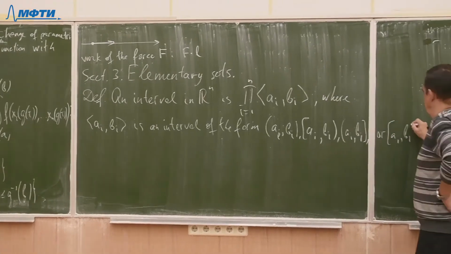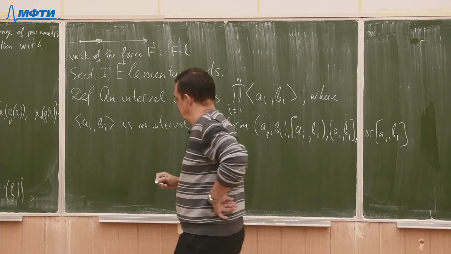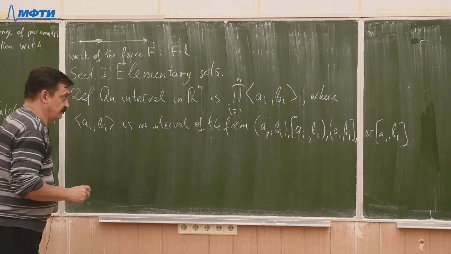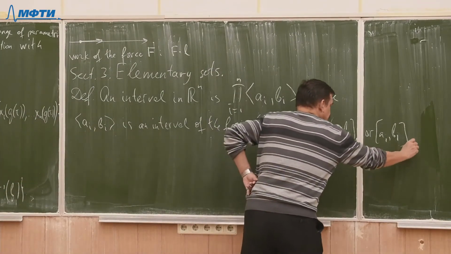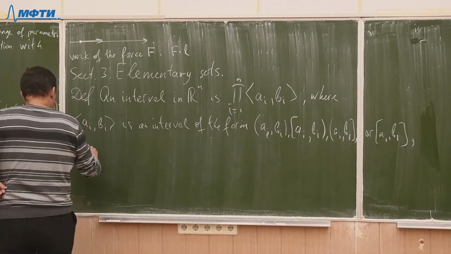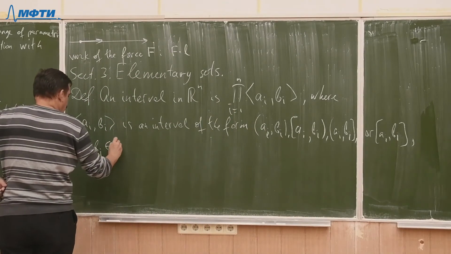So each of those forms is acceptable. I should also mention that a_i, b_i are real numbers.